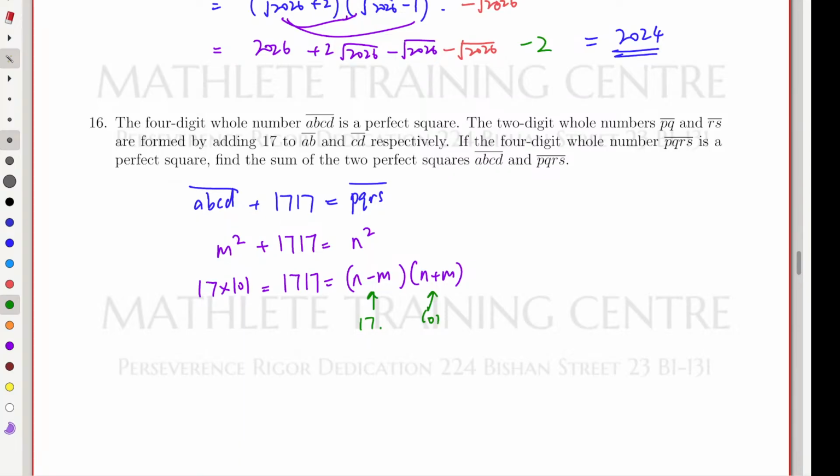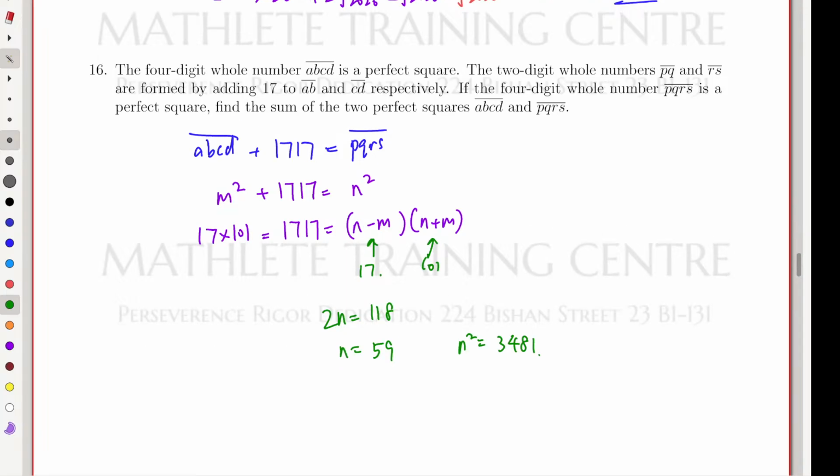So now it becomes a question of finding n. So n, if you add them up, 2n is 118. So n is equals to 59. So n squared is 59 squared. This is equals to the value of 3481, right? So then the other guy will be equals to 3481 minus 1717.